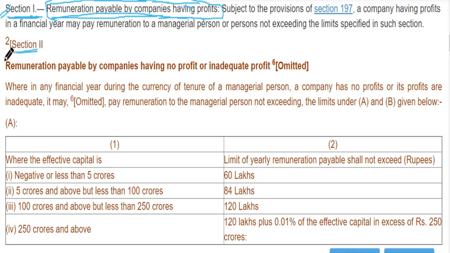Section 2 deals with remuneration payable by companies having no profit or inadequate profit.